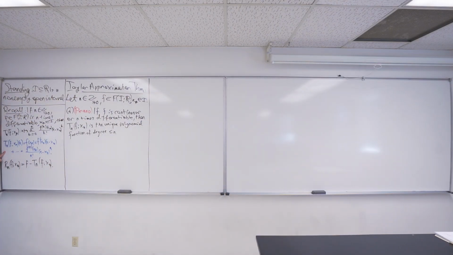And the difference between the original function and the nth Taylor polynomial at x star is the nth remainder. So I can write f equals T n plus R n. It's the same thing. And Taylor approximation is all about what this remainder is. This is the error. You want to control this guy.